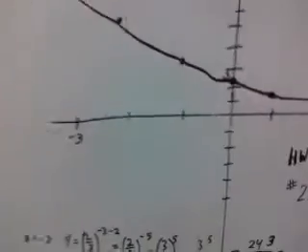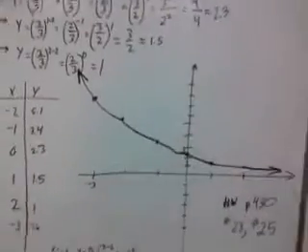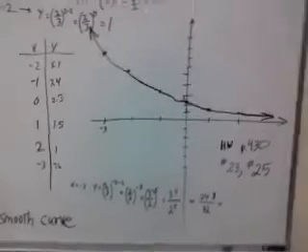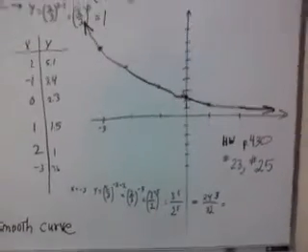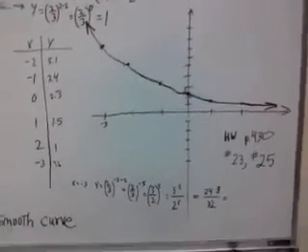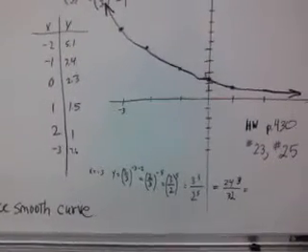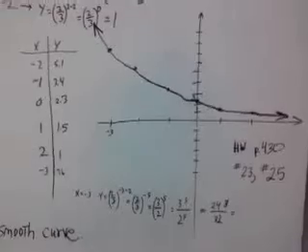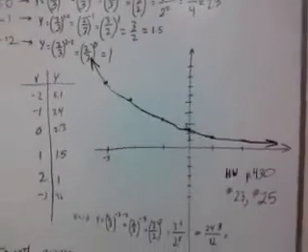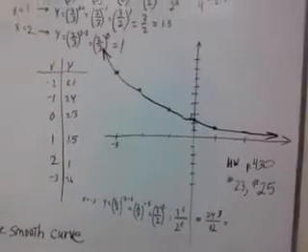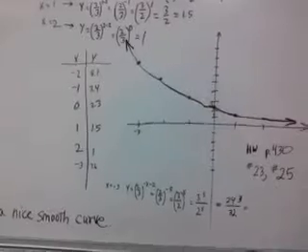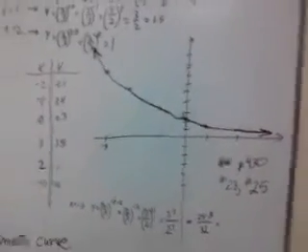If you draw a straight line for the exponential function, I won't be able to give you credit for your graph. It has to be a nice smooth curve. The exponential function cannot be a straight line. If you get a straight line, that means that you need to put in more points, just like I had to do here. I had to put in an additional point so that I would get a nice curve.